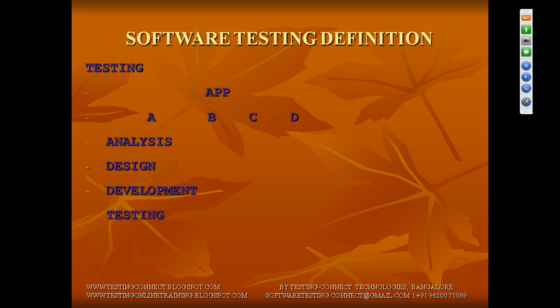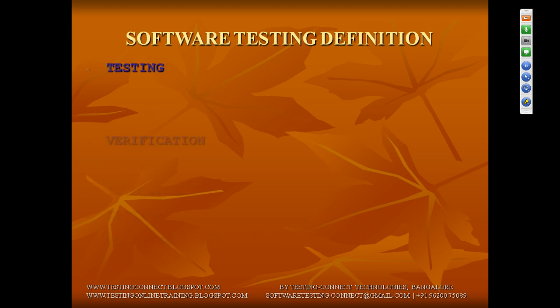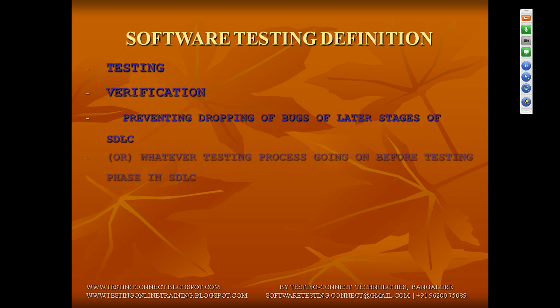Validation is nothing but finding out bugs in later stages of your software development lifecycle. Verification you can also define as whatever testing process goes on before the testing phase in your software development lifecycle.